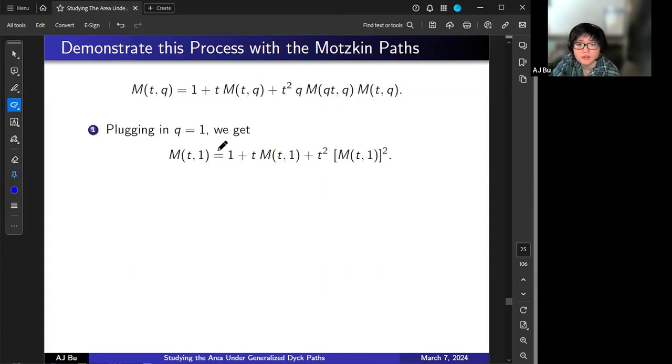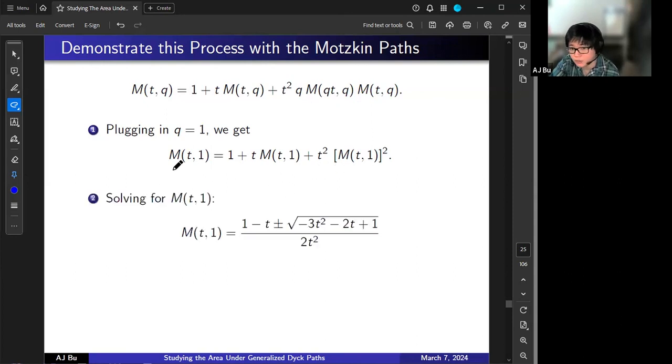So plugging in q equals 1, we get that M of t1 is equal to 1 plus t M of t1 plus t squared M of t1 squared. And then we can solve for M of t1, right? And we're going to get that it is equal to 1 minus t plus or minus the square root of negative 3t squared minus 2t plus 1, over 2t squared.